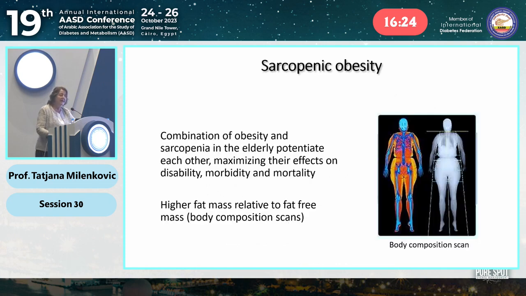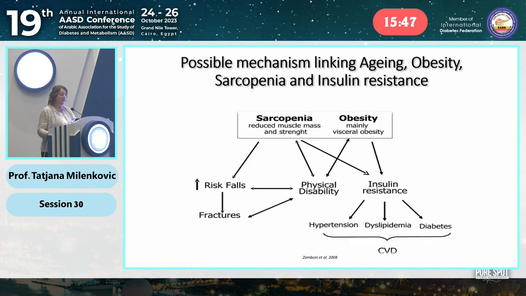But there is another manifestation of sarcopenia. Sarcopenia can go together with obesity, and they have the potential to maximize each other, obesity with low muscle mass. In this CT scan you can see the distribution between fat-free mass and muscle mass, which can happen in a lot of people in older age.